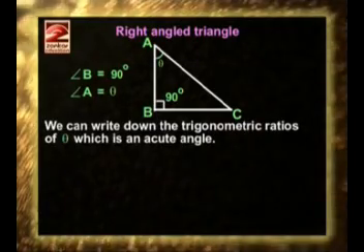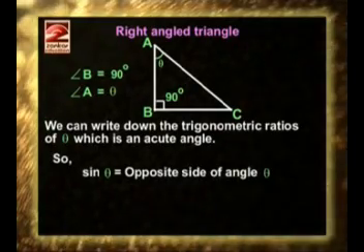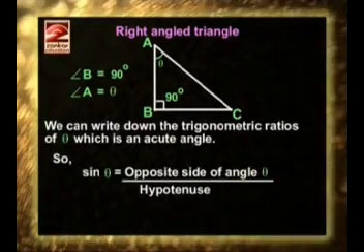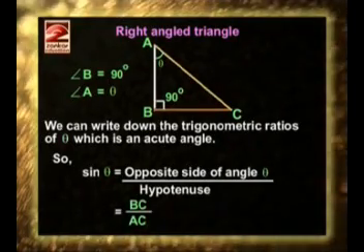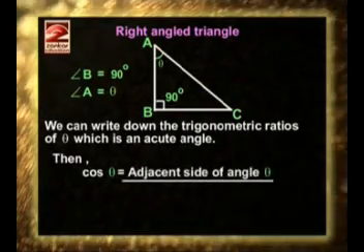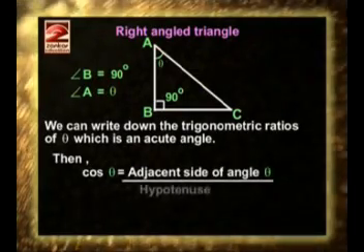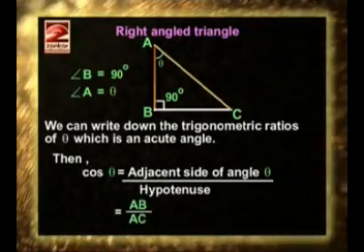So, sin theta is equal to opposite side of angle theta upon hypotenuse, that is equal to BC upon AC. Then cos theta is equal to adjacent side of angle theta upon hypotenuse, that is AB upon AC.